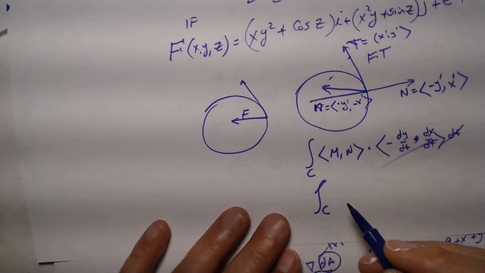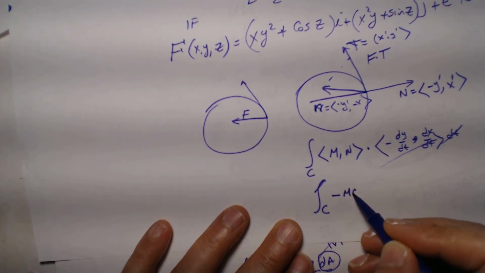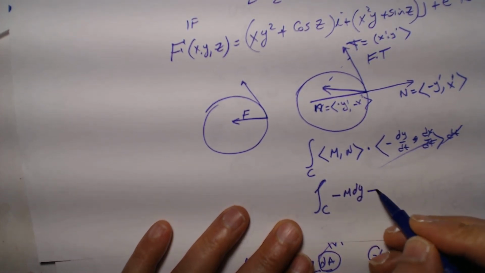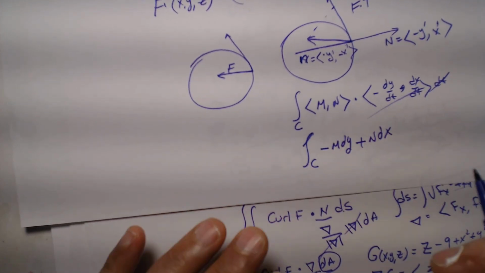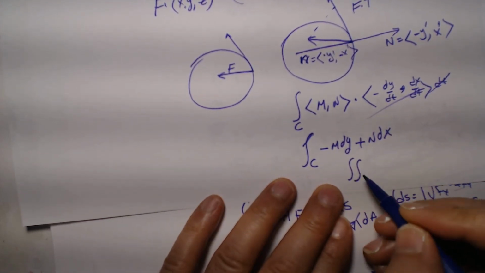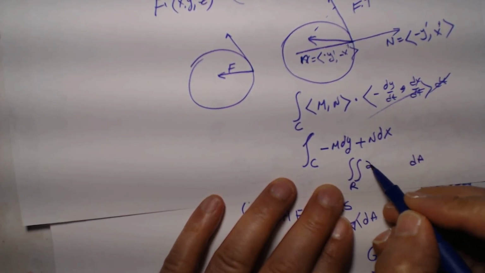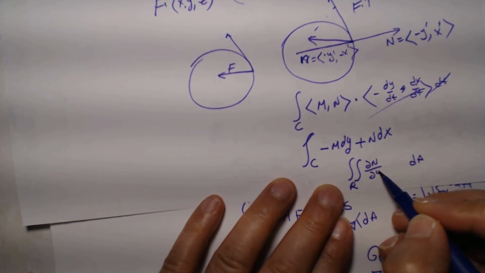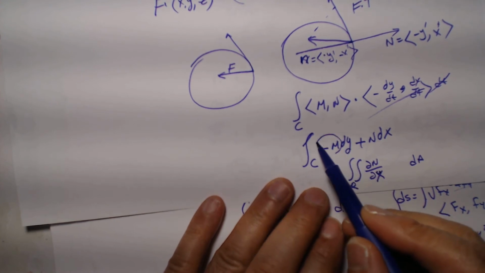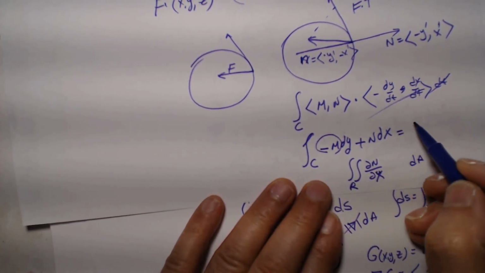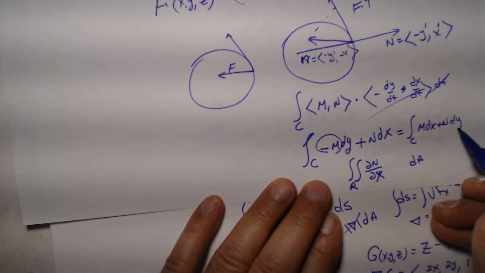the differential form becomes negative M dy plus N dx. And Mr. Gauss said, if I go to Green's theorem and I have a dA here, this is the partial derivative of N with respect to x. But remember, this is exactly the same as M dx plus N dy.